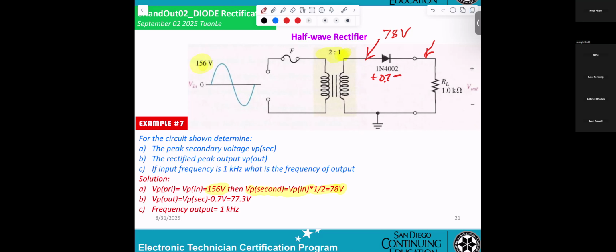That's why you get 7.1. And the frequency, if the input frequency is 1 kilohertz, the output frequency is the same frequency. The only thing we're adding here is the transformer.